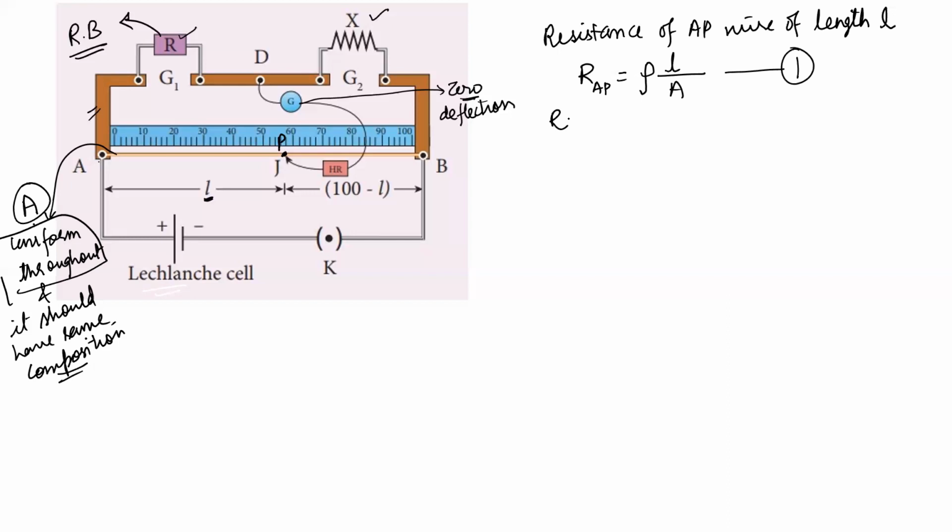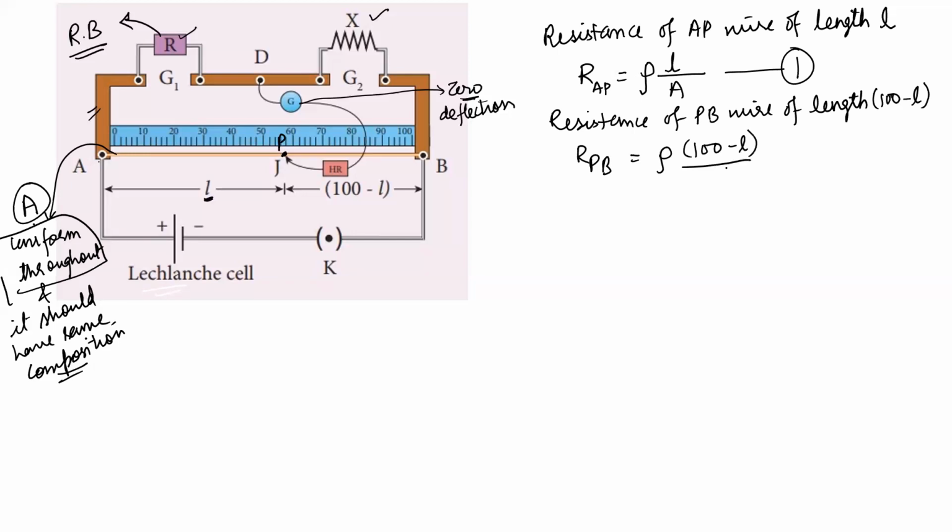Now the resistance of the PB wire, and the length of the PB wire is 100 minus L. So RPB will be equal to rho times (100 minus L) upon A. This is RPB. As the galvanometer shows zero deflection when the jockey comes at point P, that means the bridge is balanced.